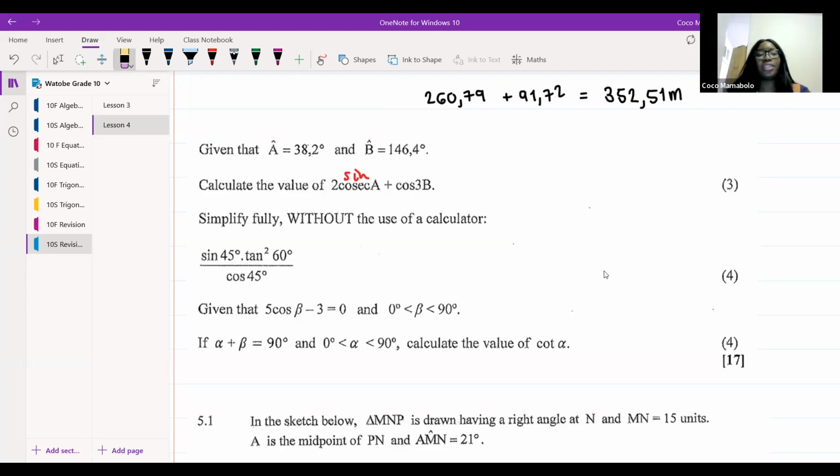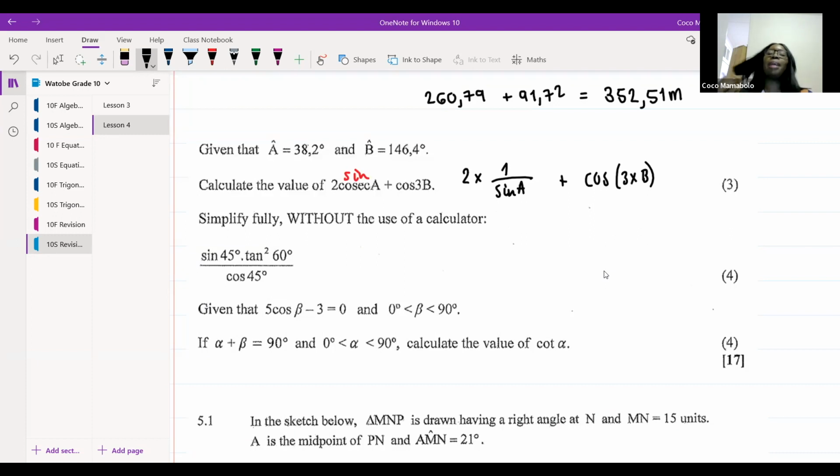All right, we're going to run out of time. I'm going to do this question quickly. Let's have a look. So if I've got 2 times cosec A, I'm going to go 2 times 1 over sine of A. That's actually what they're asking of me. Plus cos of 3 times B. That's what they want from me.